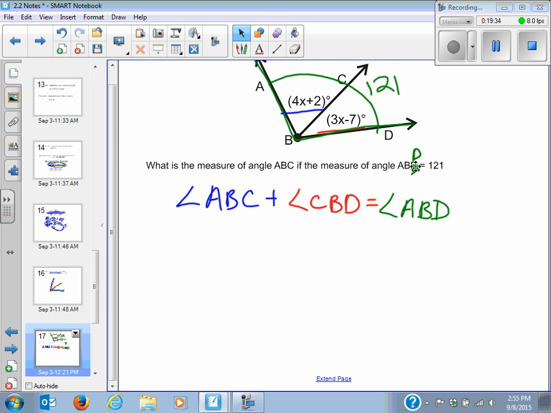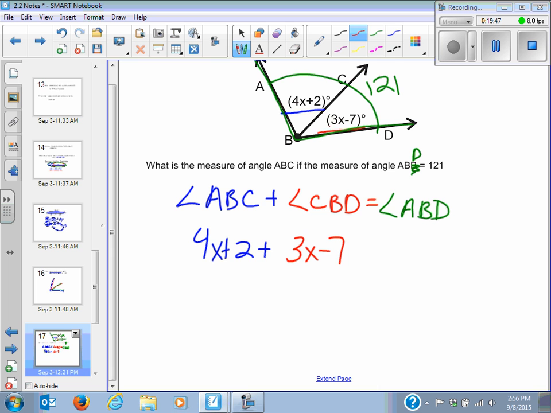And in math terms, ABC is equal to 4x plus 2, and then plus, I'm going to add the other one, 3x minus 7. I'm trying to color code this so that you can see what's going on. And then that should equal my 121.